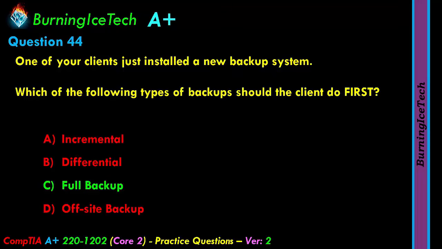Now, if you look at differential, it backs up changes since the last full backup. So incremental checks since the last full or incremental, whereas differential only checks the changes since the last full backup. So I suppose you could say incremental is actually better. It's going to be more up to date, more accurate, if you will. Anyway, guys, we know the answer here is C.